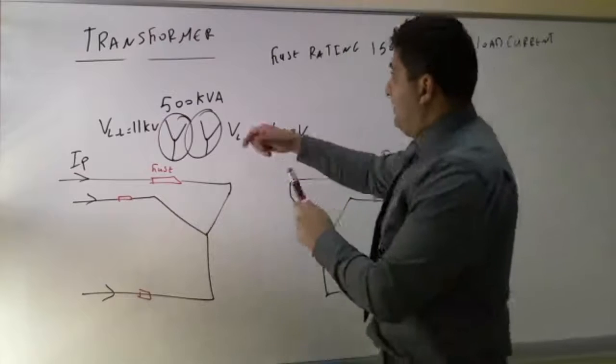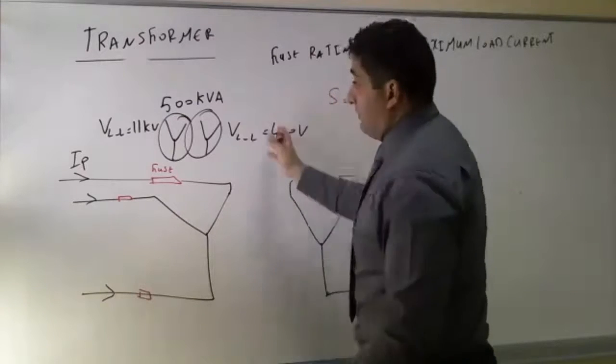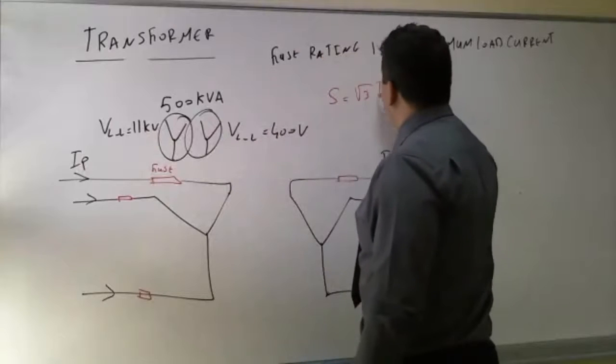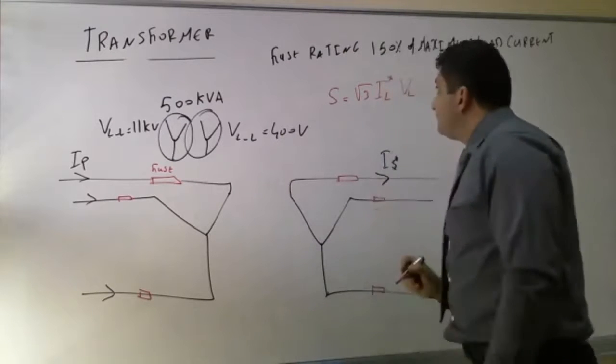I have S on the primary side, which is equal to √3 I line V line.